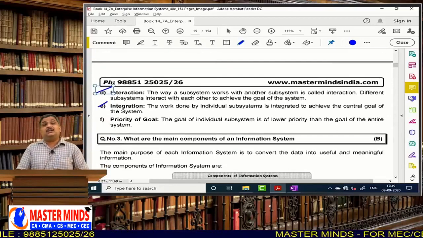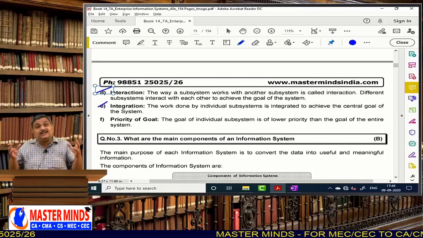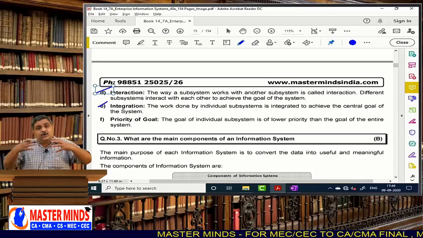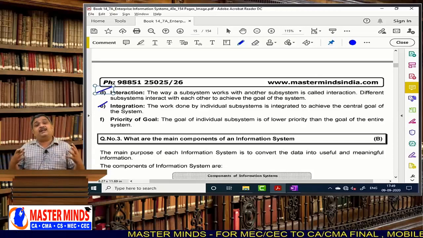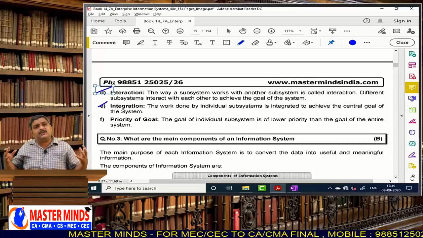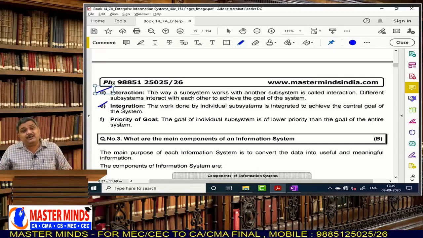They should not work in a mutually exclusive manner. They should work in an inclusive manner. All components working in order to satisfy the goal of the entire system. All organs in our body have to function towards the well-being of the body.